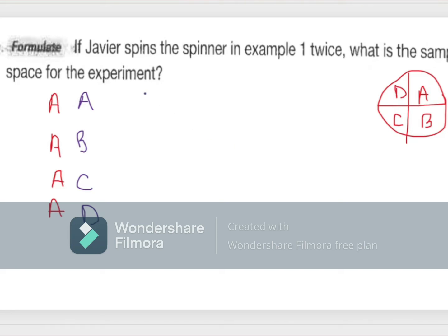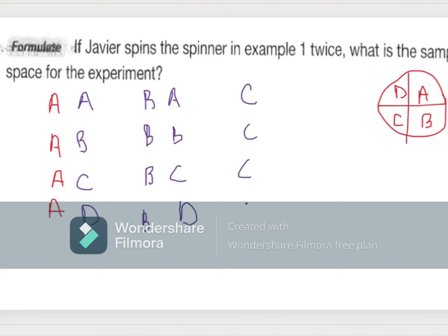So then we say, well, what if the first spin was a B? Okay, so then if the first spin was a B, then we could have had an A, and a B, and a C, and a D. Well, what if the first spin was a C?